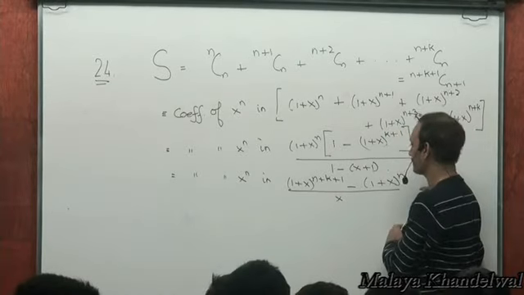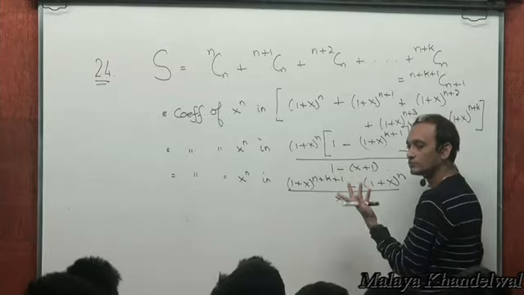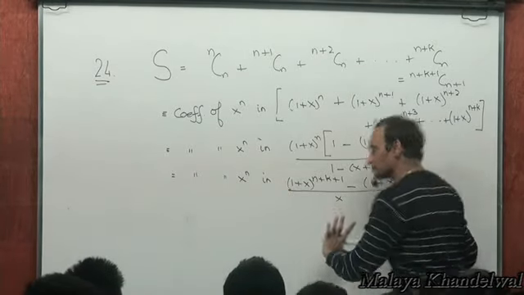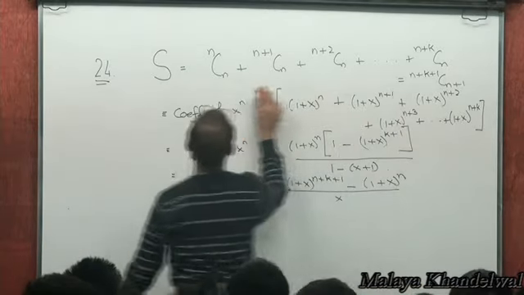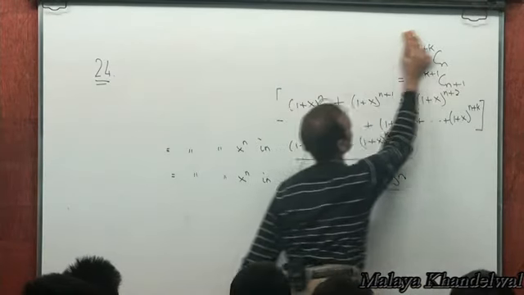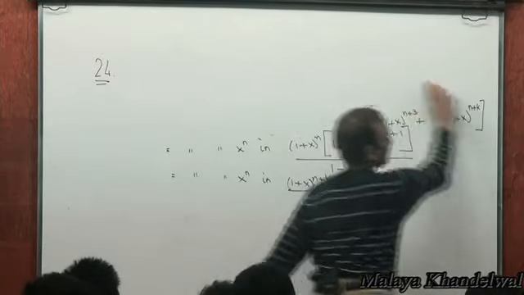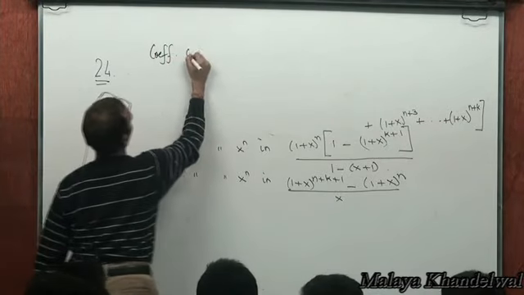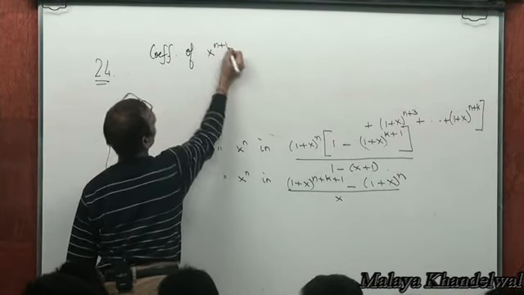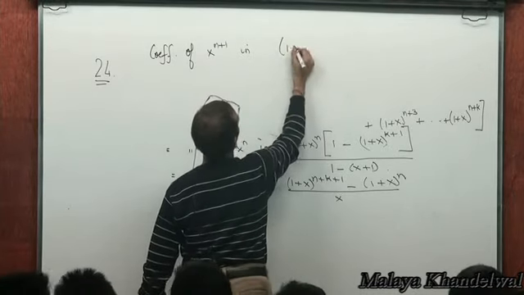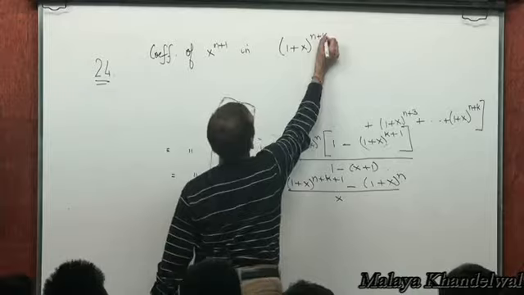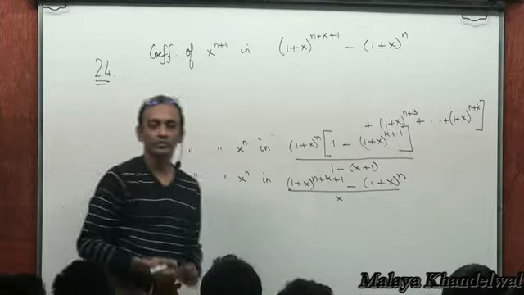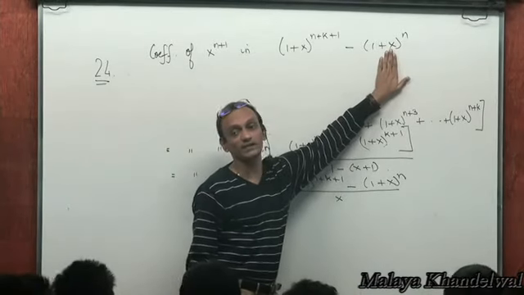But that can't appear in this. We are seeking coefficient of x power n plus 1 in the numerator. Like he rightly pointed out, x power n plus 1 doesn't appear here.